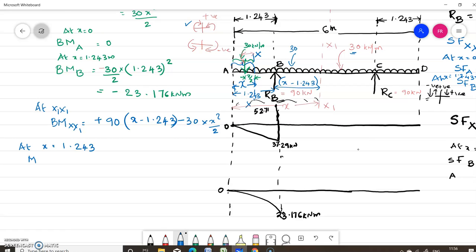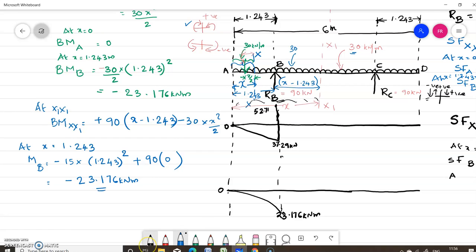So M at B is equal to minus 15 into x square, 1.243 the whole square, plus 90 into 0. So this is equal to minus 15 into 1.243 the whole square, which is minus 23.176 kilonewton meter.